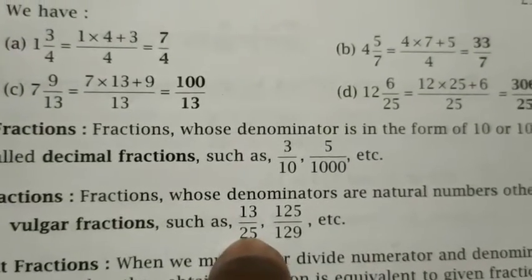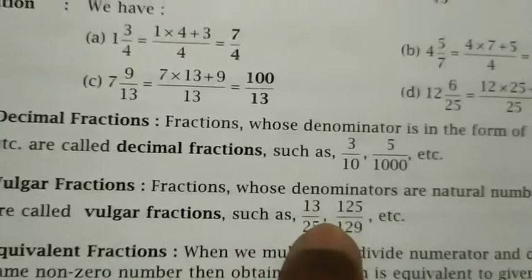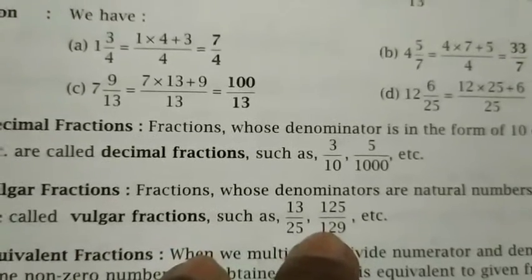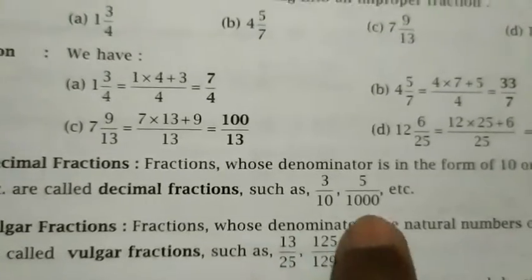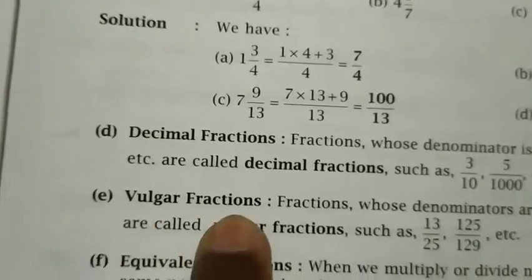It is opposite to decimal fraction. So you can see the example. Just put the denominator other than 10, 100, 1000 or 10,000, then it will be a vulgar fraction.